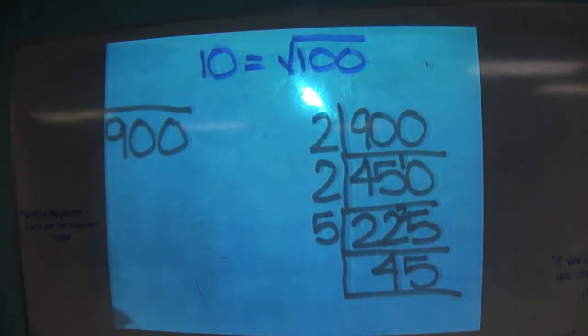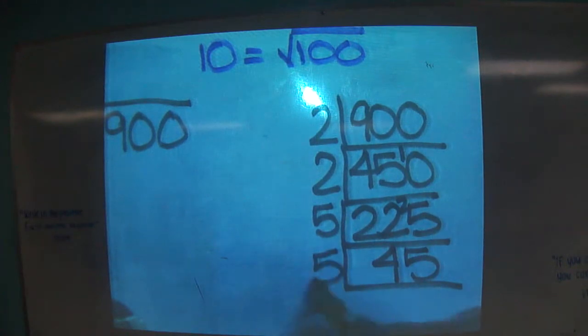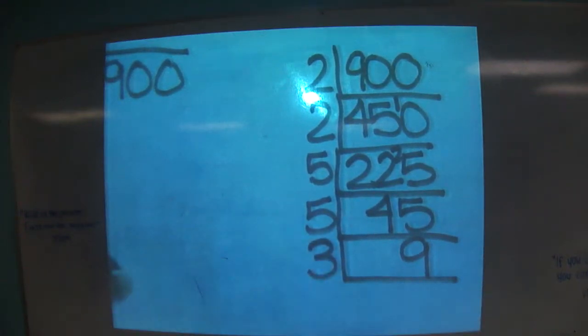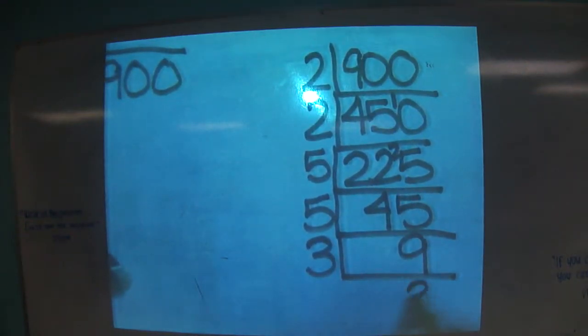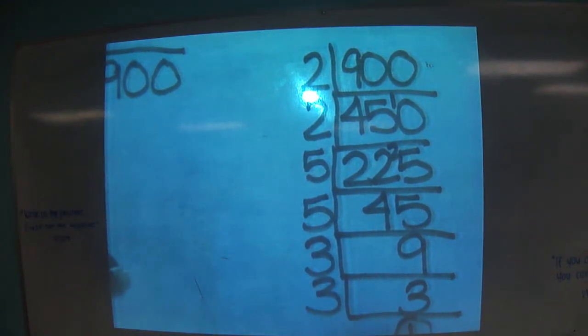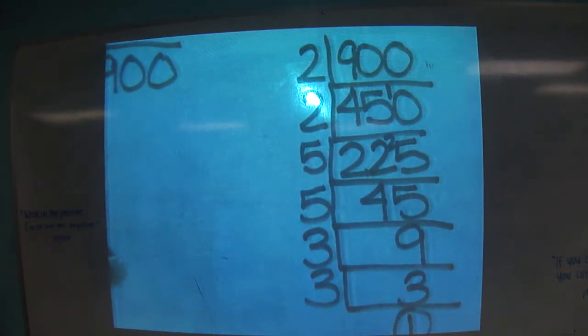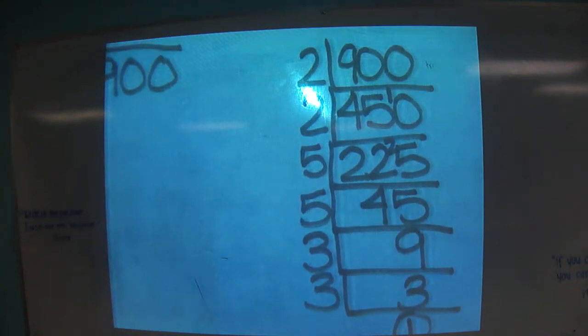What goes into 45? 5. It goes in 9 times. What goes into 9? 3. 9 is not prime. Remember primes? And 3 goes into 3, and then we've got 1 on the bottom, so we're completely factored. Let's rewrite our square root.